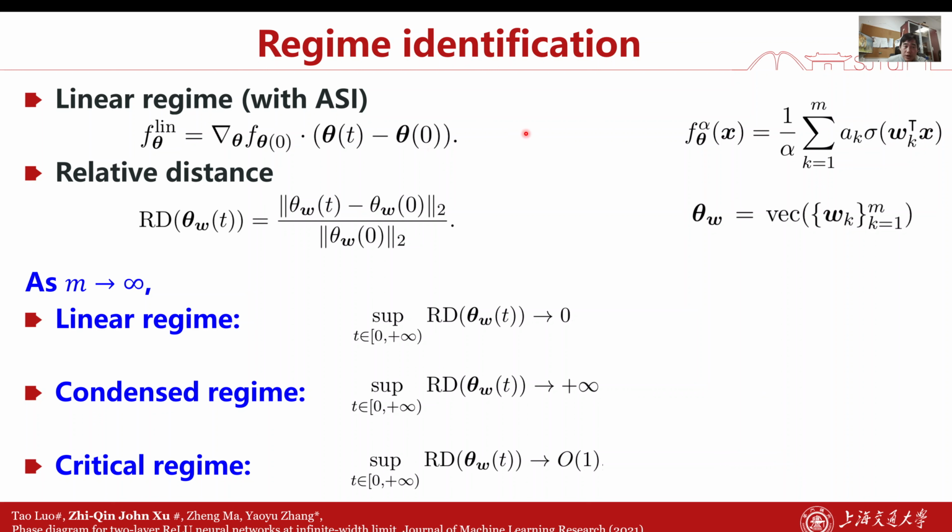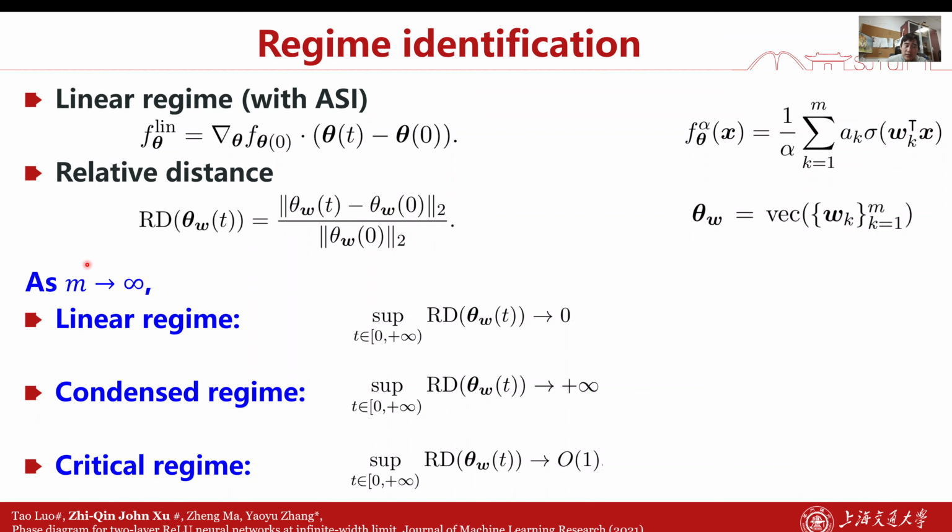Suppose the initial output equals 0, we can achieve this by some trick. And the key thing we want to study is the relative distance of the input weight during the training. That will determine whether the network stays in the linear regime or the nonlinear regime.